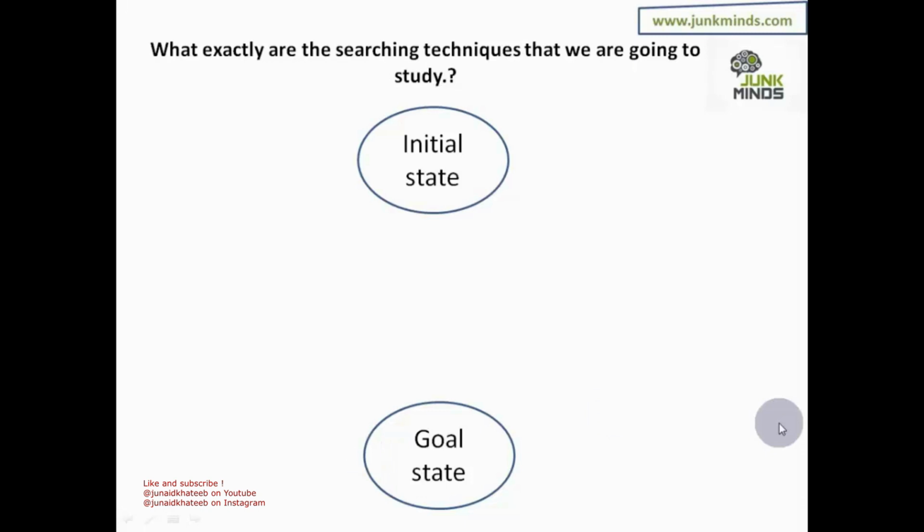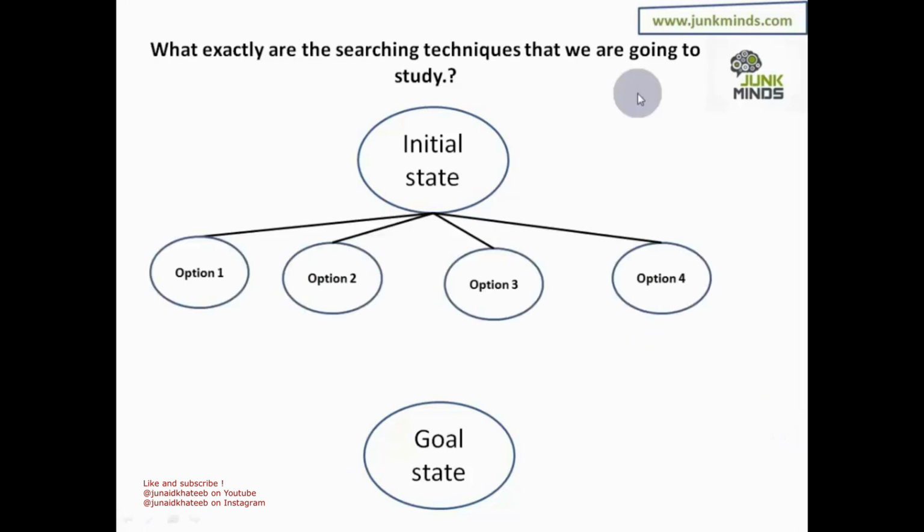Now, whenever we are solving a problem, look at it like this. When I start, I can go to various different options, what we'll later on call as successors. And then all these successors can lead me to the goal state. Now, going by this figure, I can say that there are 4 possible paths for reaching this goal state from the initial state. The aim of the searching technique that we are going to study now is to find the most optimum path for reaching the goal state from the initial state.